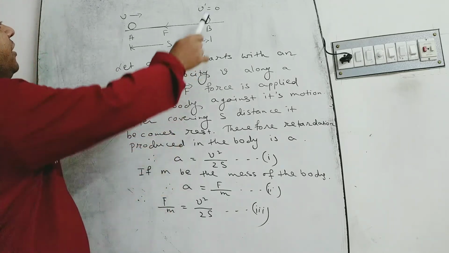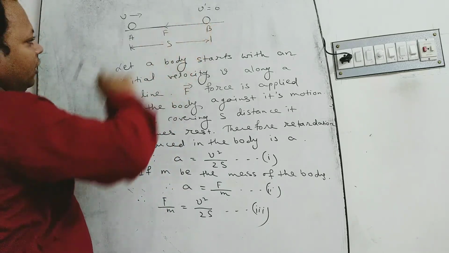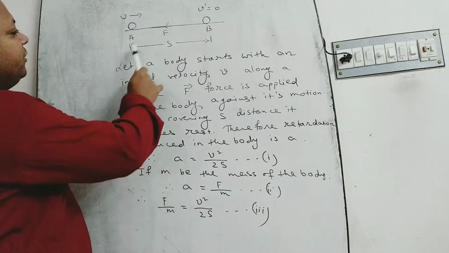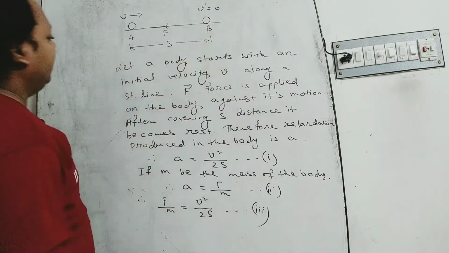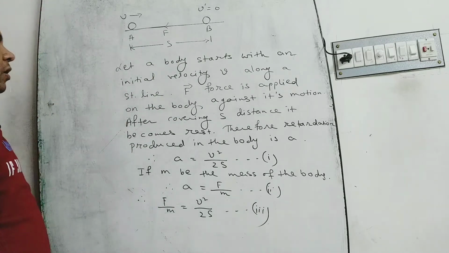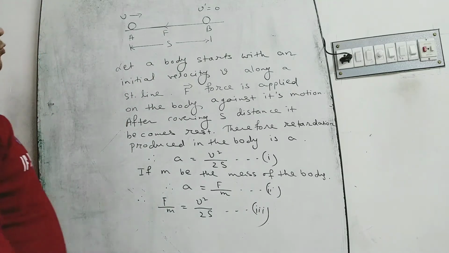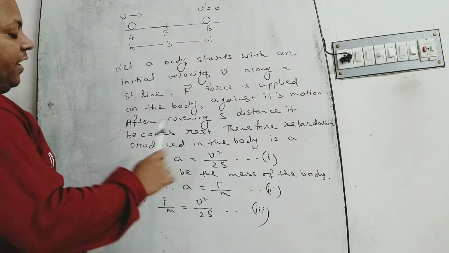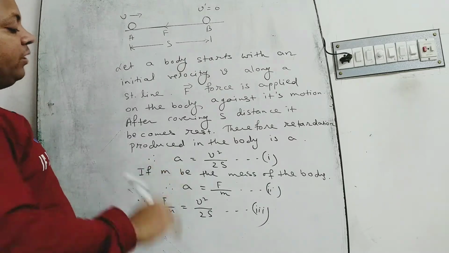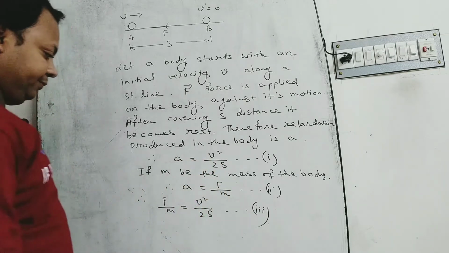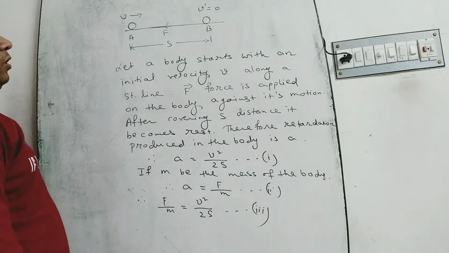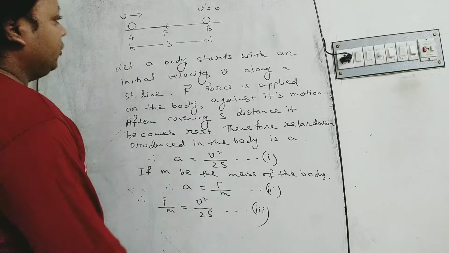That is, its final velocity v prime is equal to 0 after the distance s. The body moves along a straight line. Now the retardation produced in the body is a, and therefore we can write that a is equal to v square by 2s. This is the expression of retardation of the body.